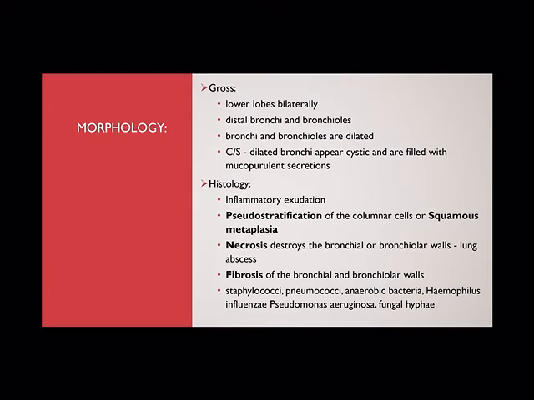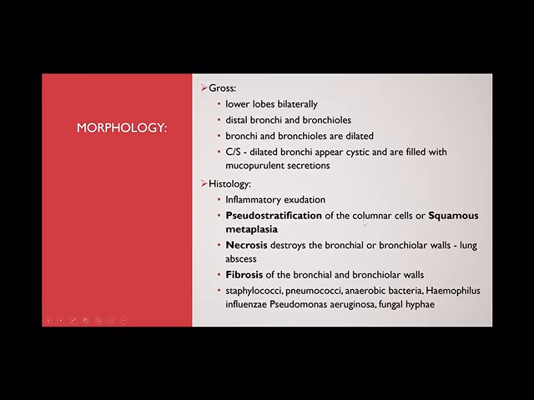Now, going into the histology. As you know, with inflammation, inflammatory exudation will be there. So the chronic inflammation will lead on to the necrosis. The necrosis will lead on to the destruction of your bronchial walls. So chronic inflammation leads on to necrosis, and the necrosis will ultimately lead on to your fibrosis.